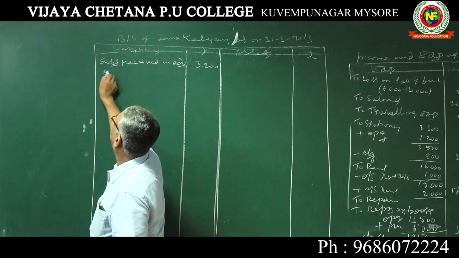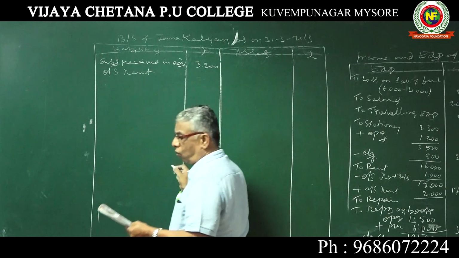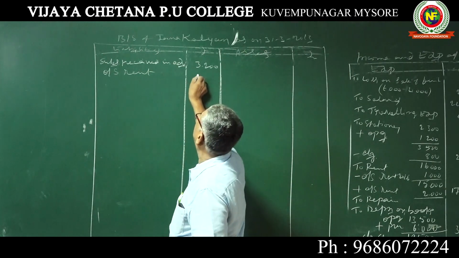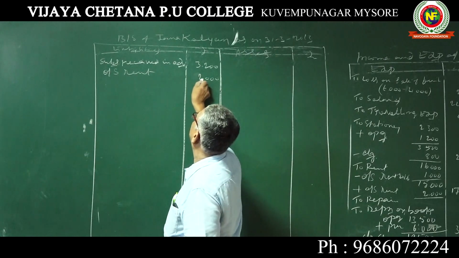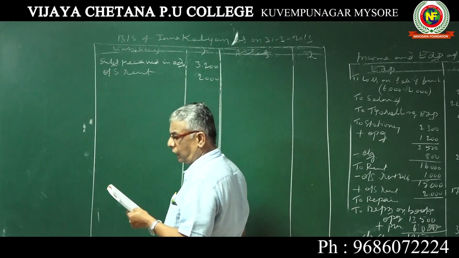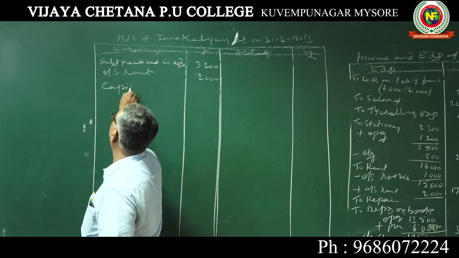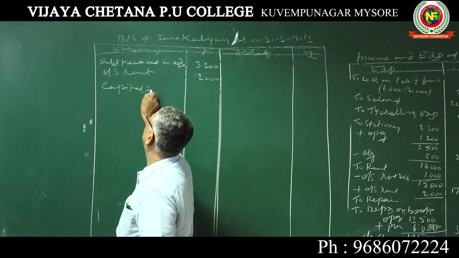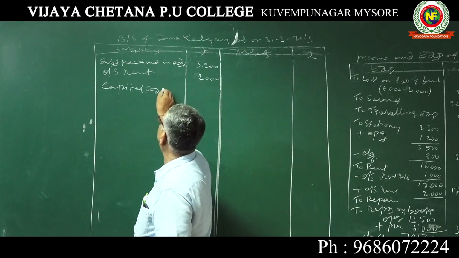Outstanding rent, rent incurred but not paid, is rupees 2,000. And then capital fund, that we have already ascertained, capital fund is 1,37,500.